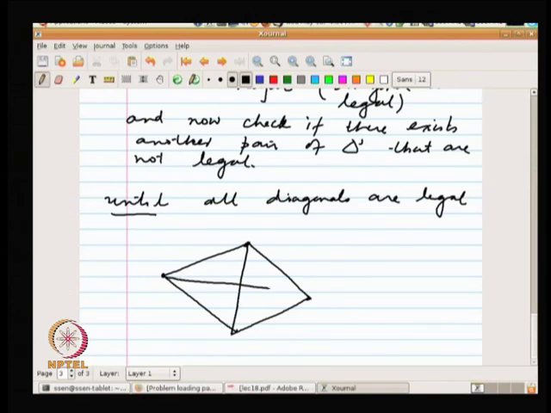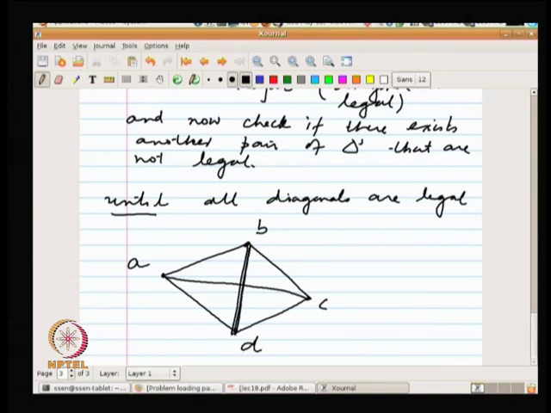Look at the two diagonals. A, B, C, D. So, suppose that BD is the legal edge. Suppose BD is the legal edge.